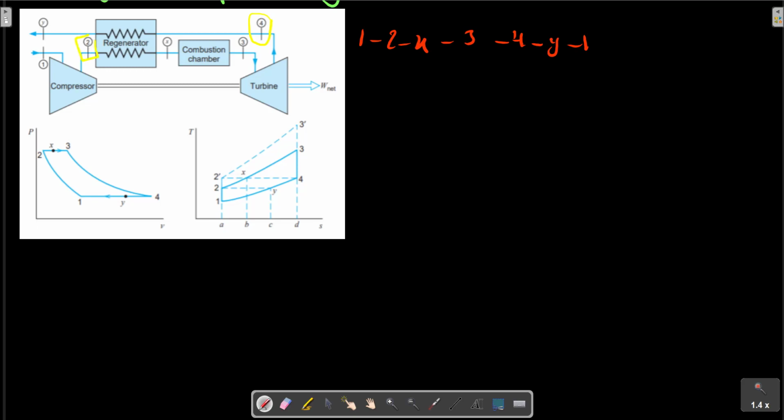Therefore, heat can be transferred from the exhaust gases to the high pressure gases leaving the compressor at the regenerator. At this point, we have heat exchange.